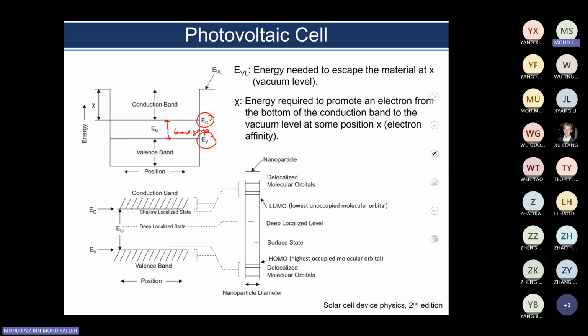Electrons are full inside the valence band and empty inside the conduction band. So if you want to make a free electron, you need to supply energy to this electron to go up to a higher energy level inside the conduction band.